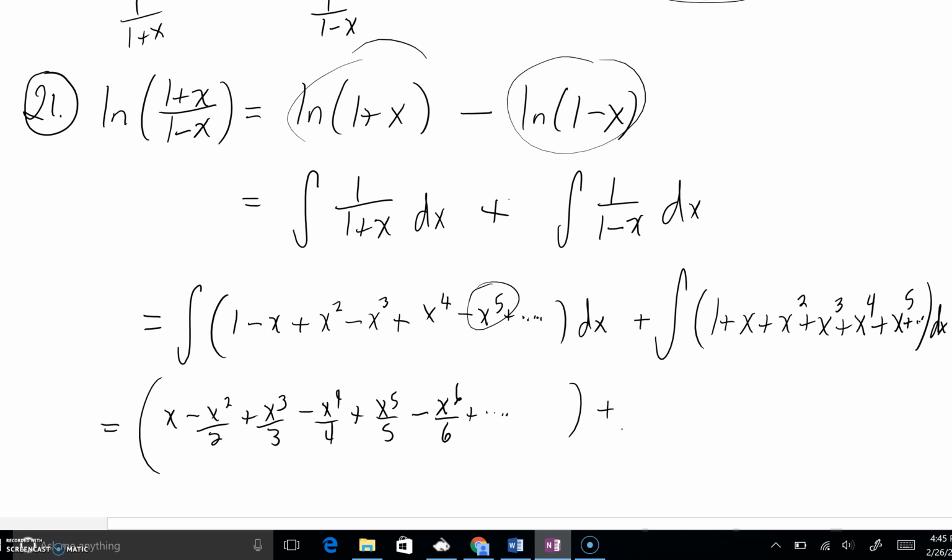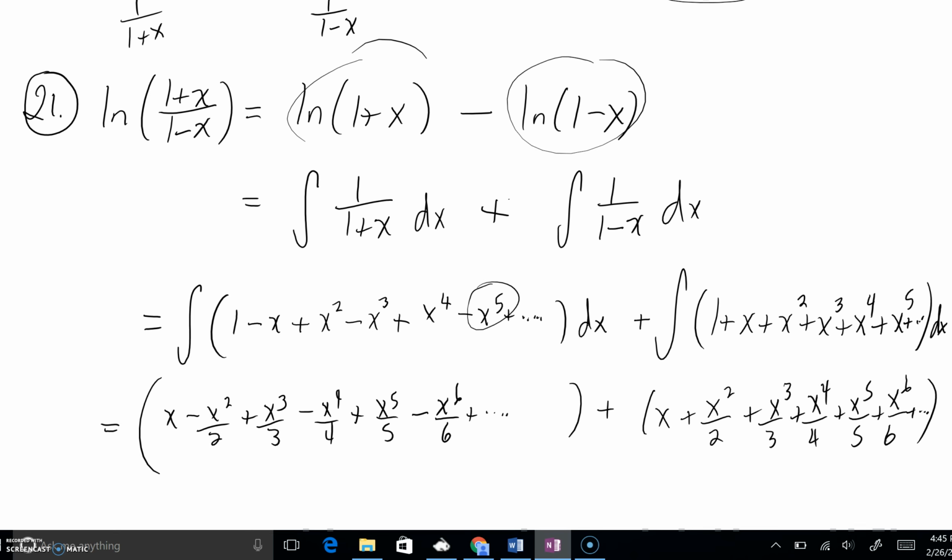But then over here, this will be an x, and then plus x squared all over 2, plus x cubed all over 3, plus x to the fourth all over 4, plus x to the fifth all over 5, plus x to the sixth all over 6. You get the idea. Don't forget, we'll also have a little constant added at the end.